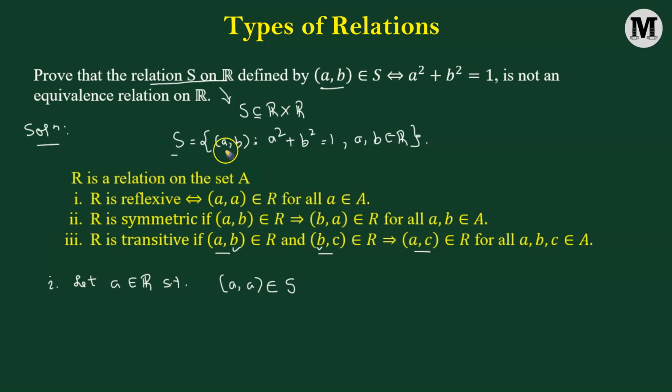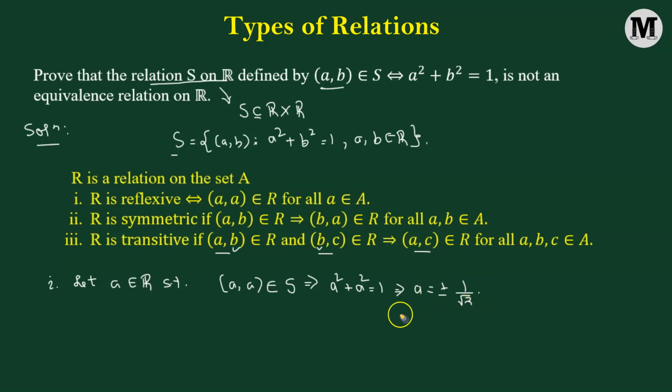This gives us the relationship between the two elements as a squared plus a squared equals 1. When we solve for this, we get a equals plus or minus 1 over square root of 2.